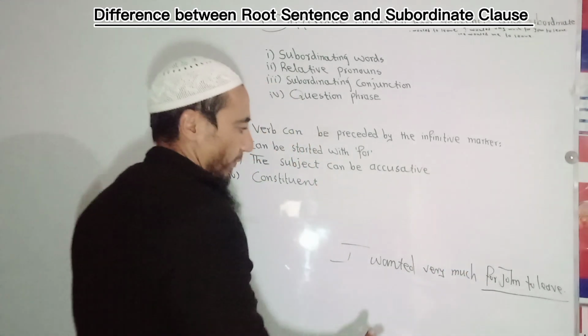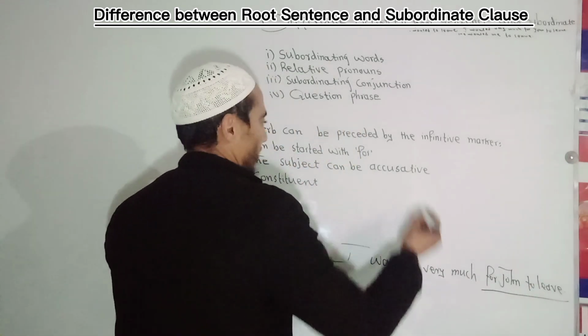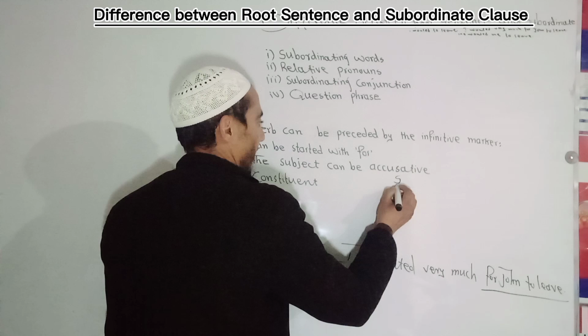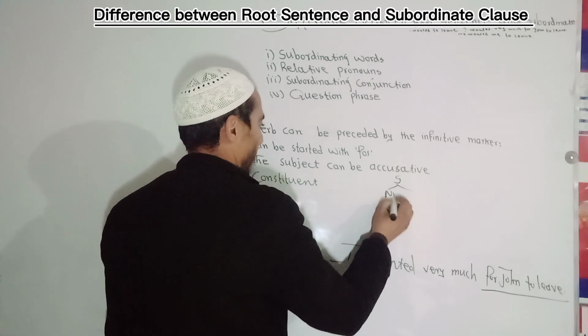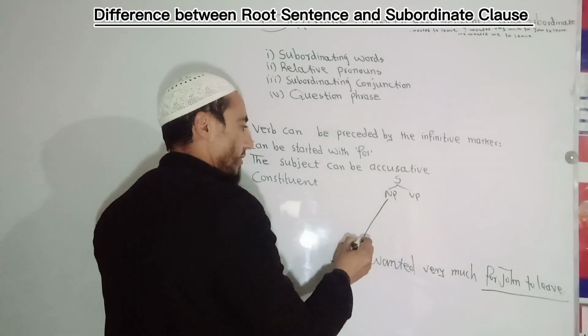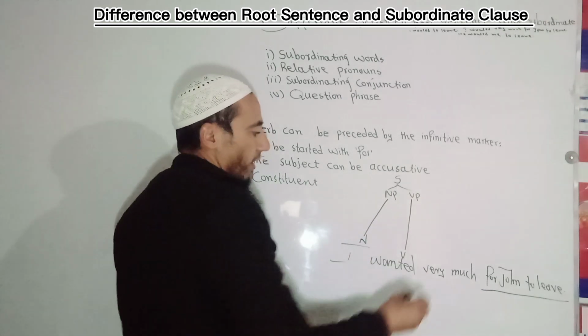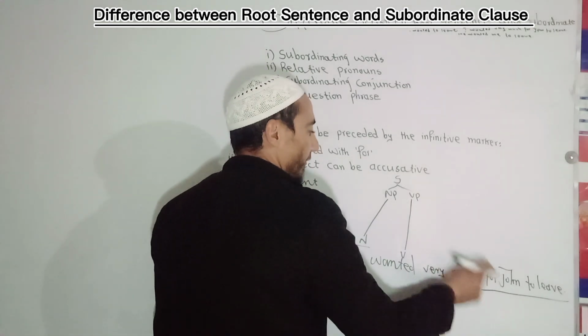Okay. So now what is the syntactic structure? Here we have S, it means sentence, then we have NP and VP. In NP we have "I," and "wanted," that is the verb, and then here we have "very much."